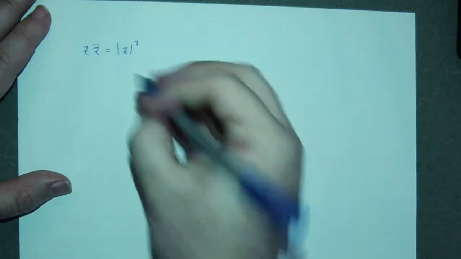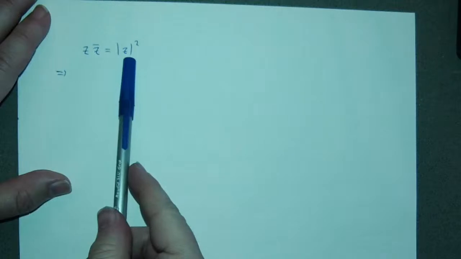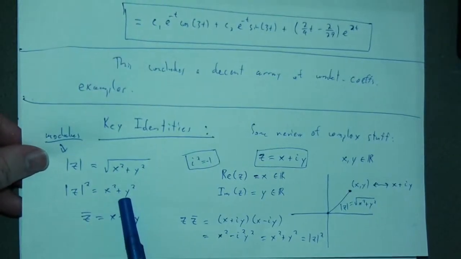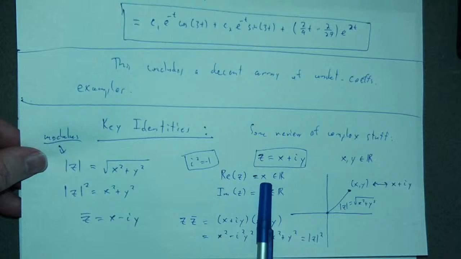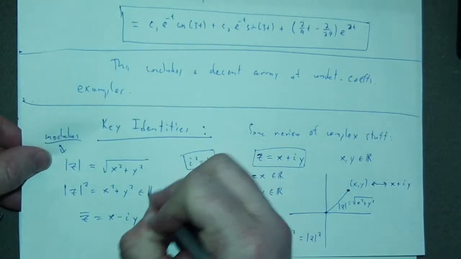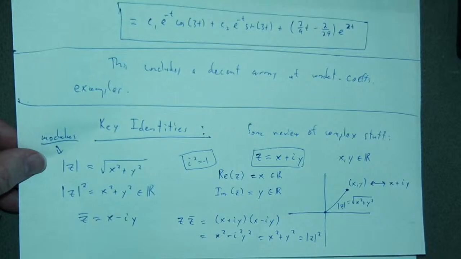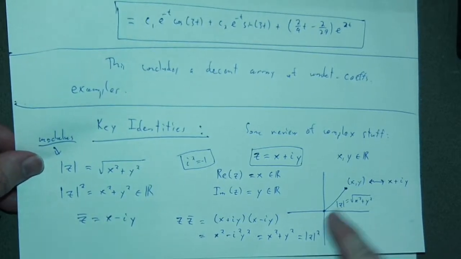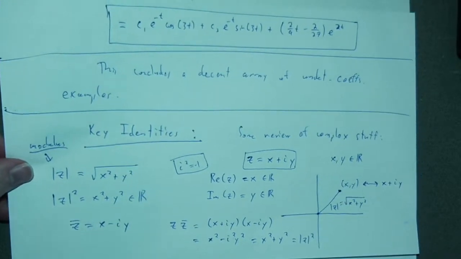If I divide both sides by the modulus of z squared, which is x squared plus y squared, what kind of thing is that? x is real, y is real, so this is a real number. It better be, because this is the distance from the origin to that point, and we don't talk about a distance being a complex number.